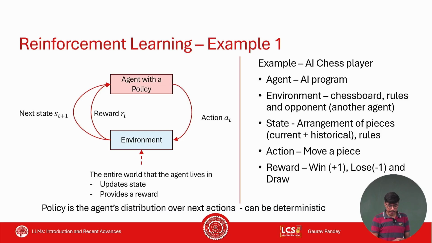So the state is the historical positions of the pieces and the current position of the pieces; all that information comes into the state. And the rules are assumed to be part of the state anyway. They are always there, right?